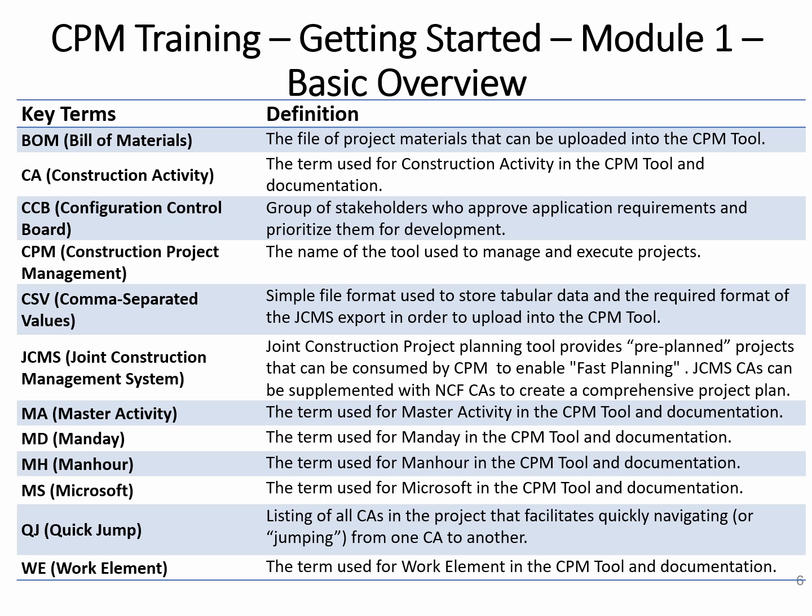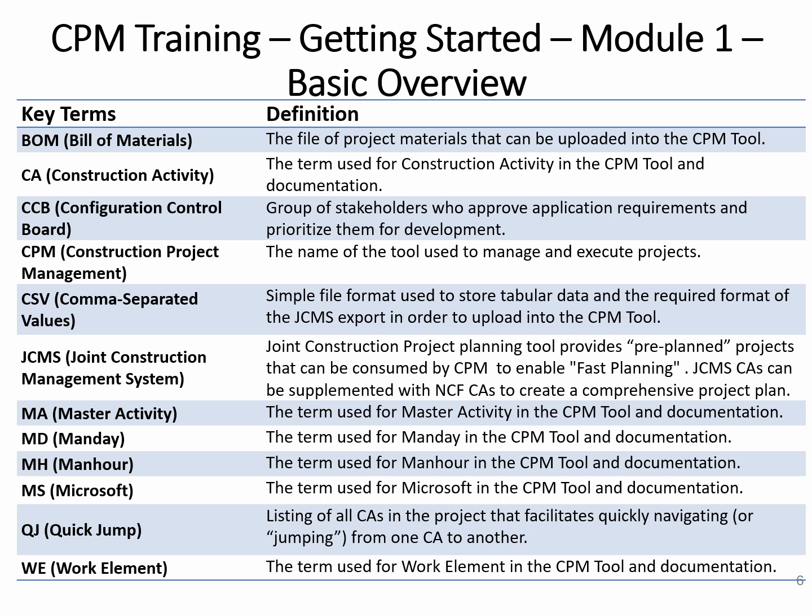The CA, the construction activity. The CCB, which is the configuration control board. That is the group of stakeholders that get together, and with your recommendations, we see how to improve the application to make it more user-friendly.